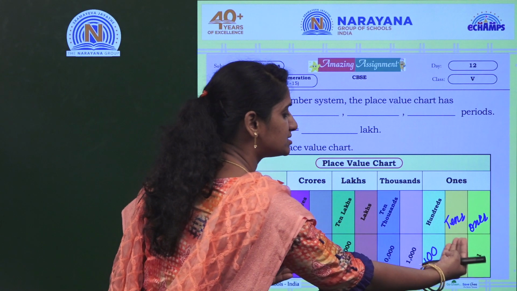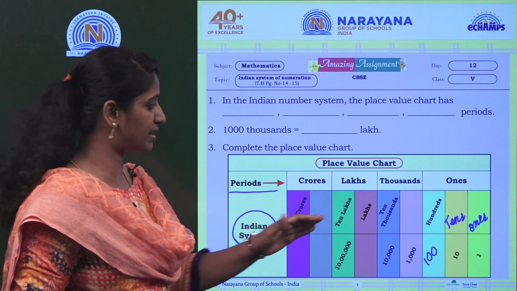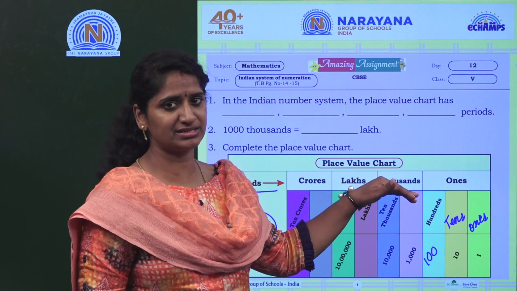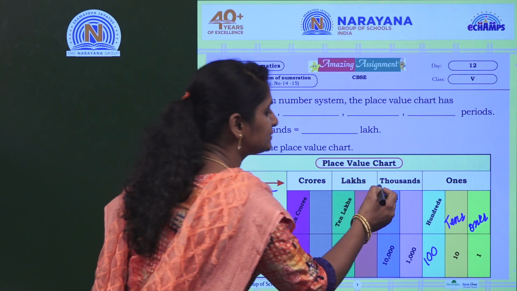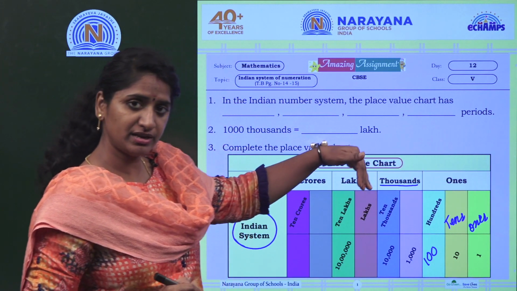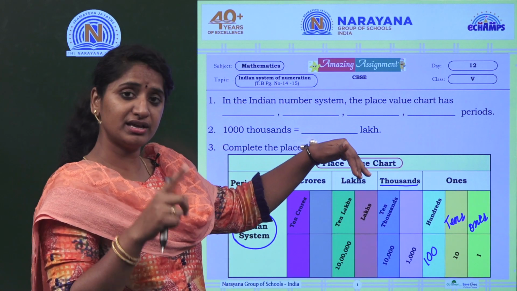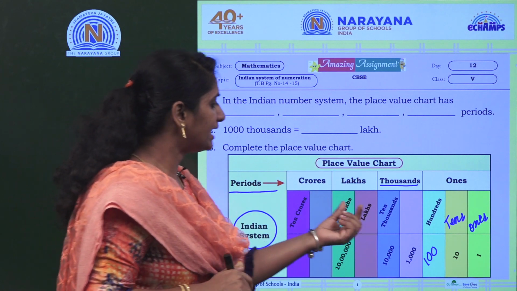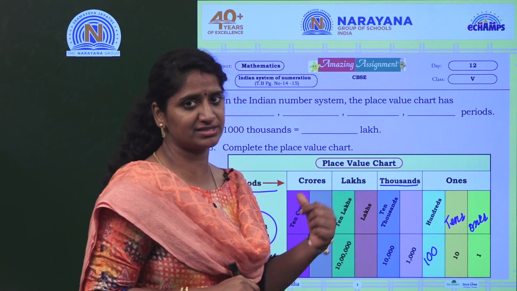The next period is the thousands period. After the ones period, the next period is called the thousands period. In the thousands period, how many places?